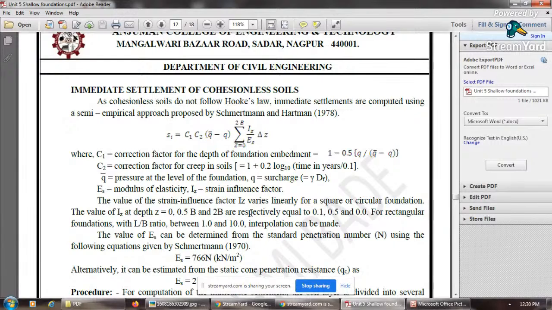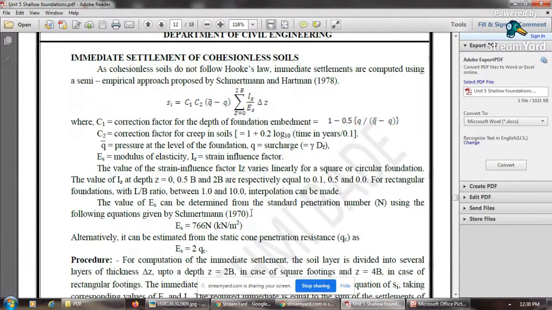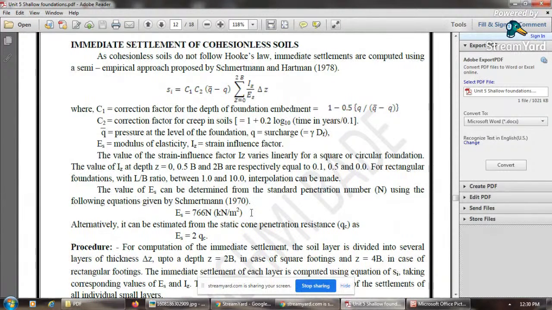Immediate settlement of cohesionless soils. As cohesionless soils do not follow Hooke's law, immediate settlements are computed using a semi-empirical approach proposed by Schmertmann and Hartman, 1978.